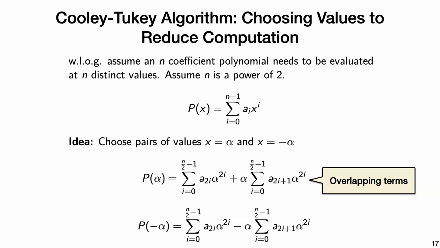This is all alpha raised to some odd power, 1, 3, and so on, and that would give you negative alpha times the even power right before that. And if you notice, apart from the plus and minus, these first halves are actually exactly the same, with no change in the sign.